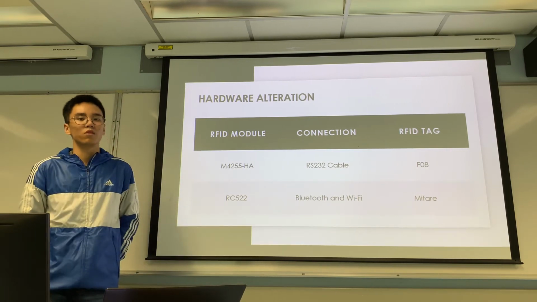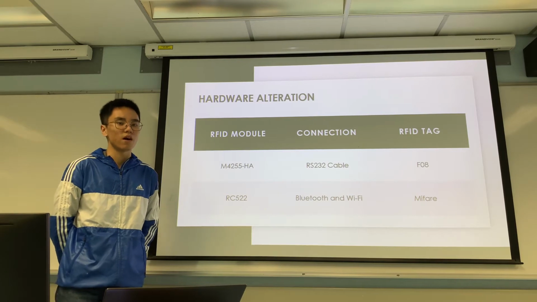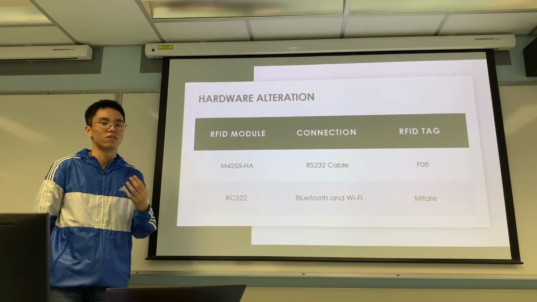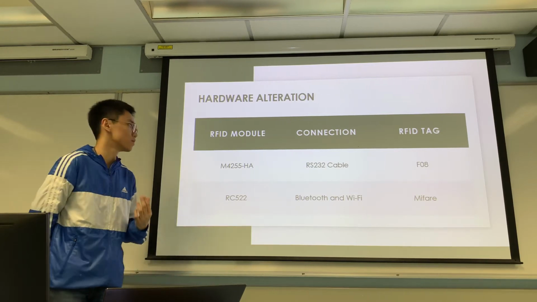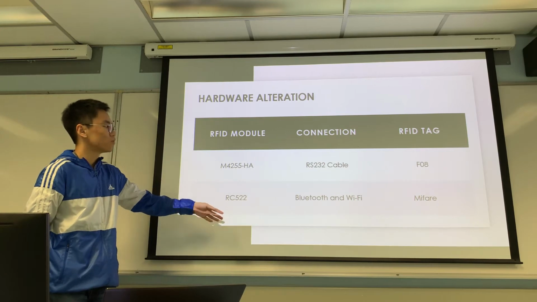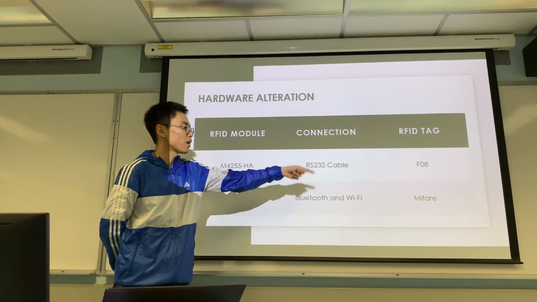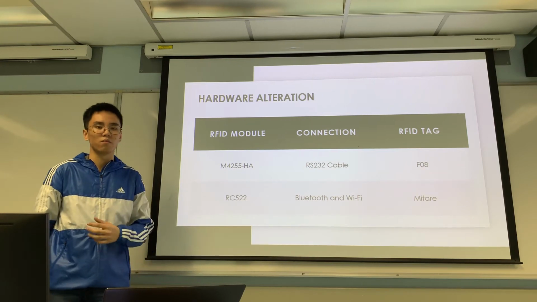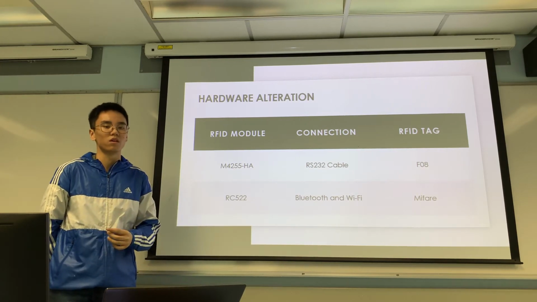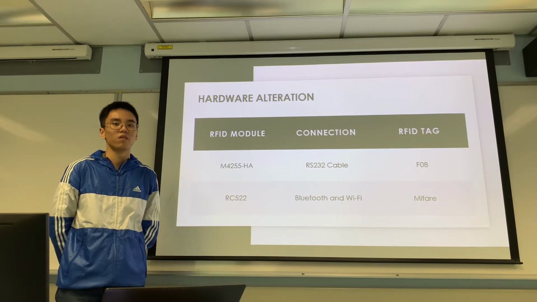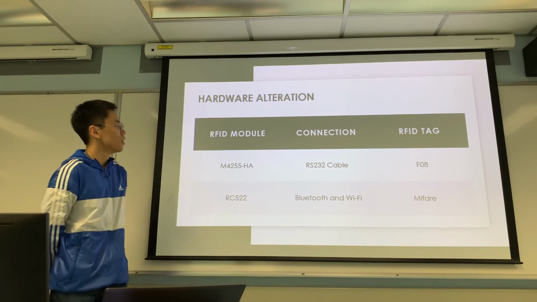It is also a very commonly used RFID module in the industry. It is totally integrated, and you can connect it by pins. To fit this RFID module, I also changed the RFID tag to MIFARE. It is a very advanced RFID tag. It can store a lot of data, and the working frequency remains at 13.56 megahertz.